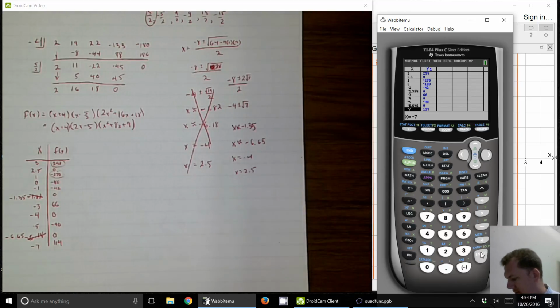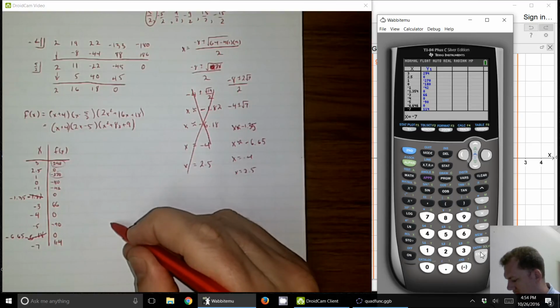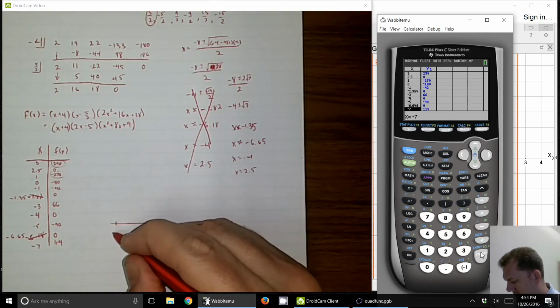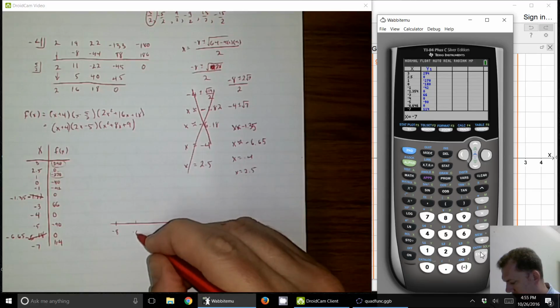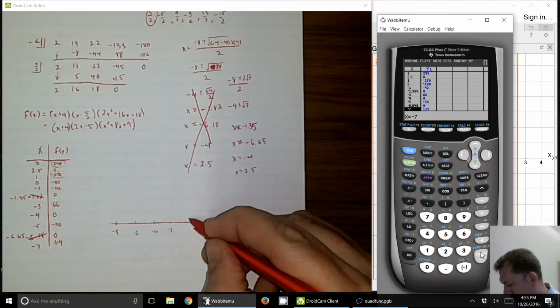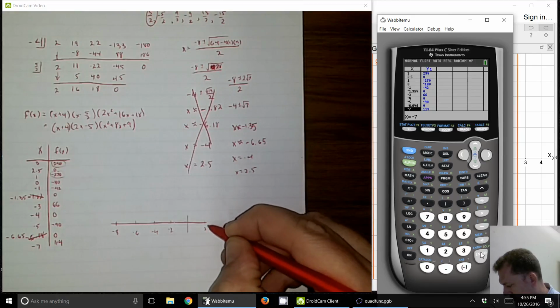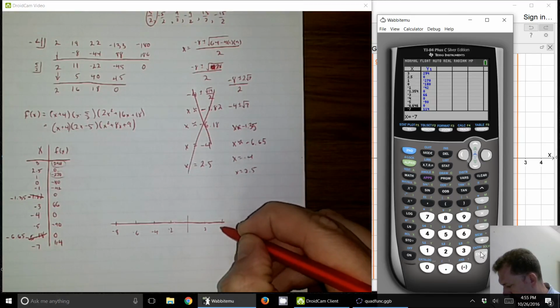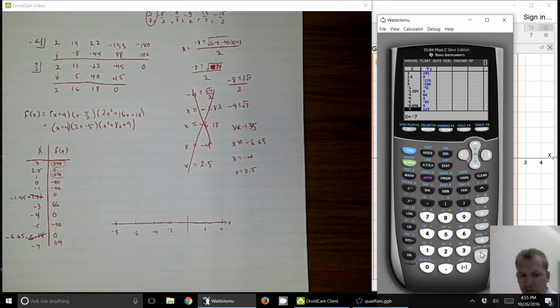Okay, so scale our x-axis: negative 8, negative 6, negative 4, negative 2. y-axis, 2, 4. That's going to work there.